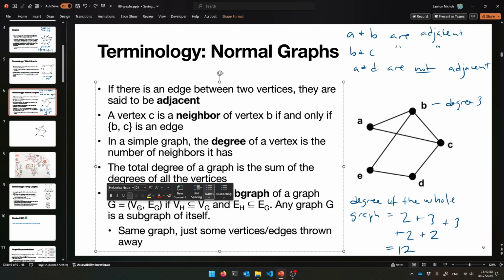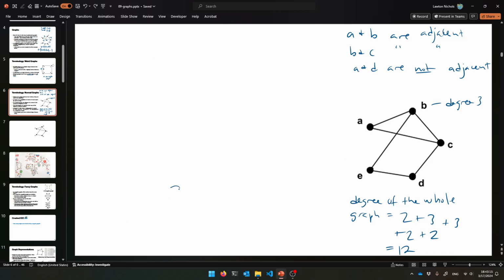Okay, yeah, so if you have a graph, you have an original graph. This is like original graph with vertices for the graph G and edges for the graph G. You can make a graph using that graph. You can make a subgraph. So we say that a graph with its vertices and edges is a subgraph of some original bigger graph if there is a subset relationship like this.